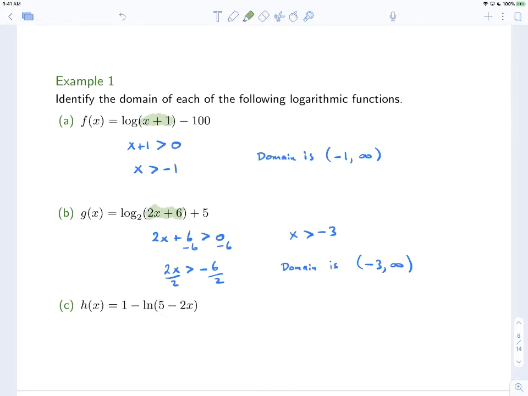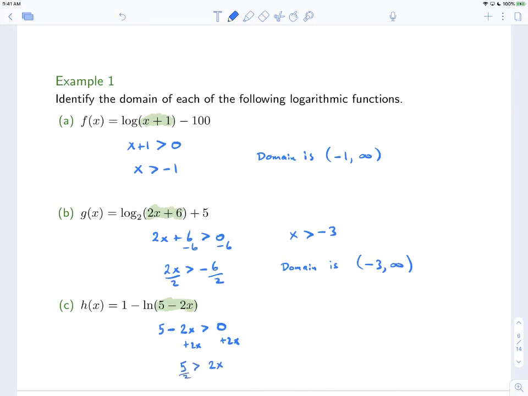So the domain is where the argument of the logarithm is greater than 0. So 5 minus 2x greater than 0. I'm going to add 2x to both sides, and that gives me that 5 is greater than 2x.